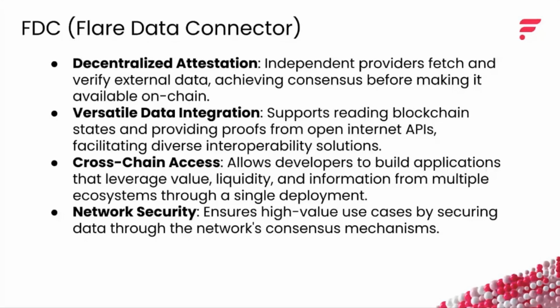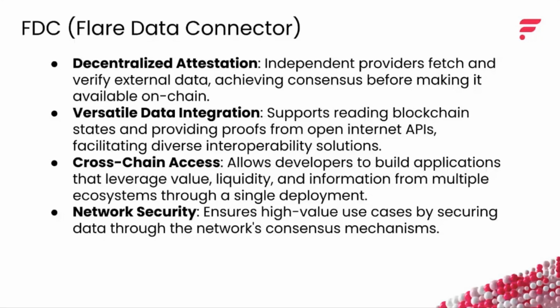We've had bridge issues in the past with blockchains trying to communicate with each other, but FDC is another innovation from Flare that allows you, for instance, to write a smart contract on the Flare network and query information from the Bitcoin blockchain, the Doge blockchain, the Ethereum blockchain.